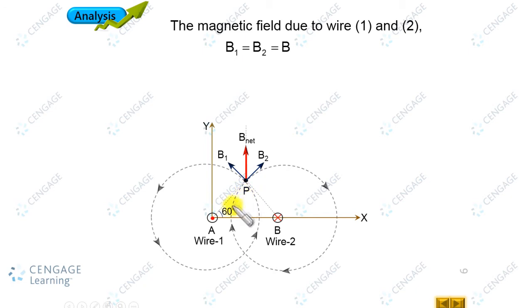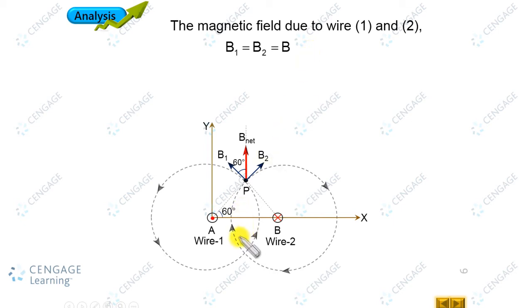Okay. So this angle we know is 60 degree, and this angle should also be 60 degree because this dotted line, that is the radial line, is making angle 60 with the horizontal line. That means any line which is perpendicular to this radial line, that is the tangential line, will make angle 60 degree with the vertical. So this angle is 60 degree, and we know the value of B1 is equal to B2.